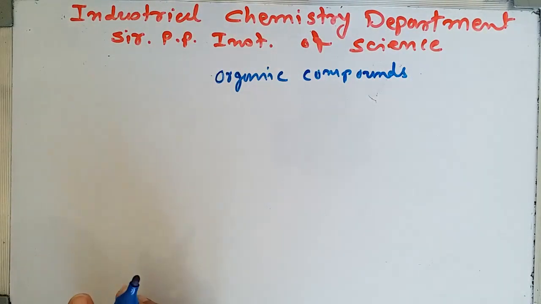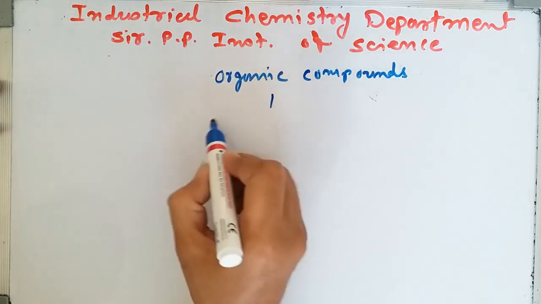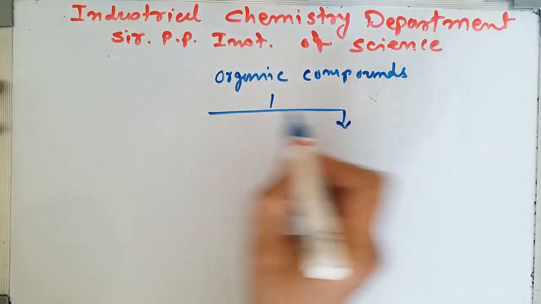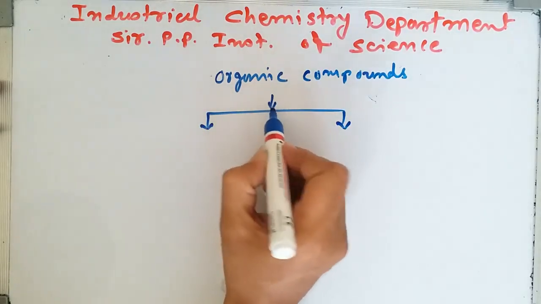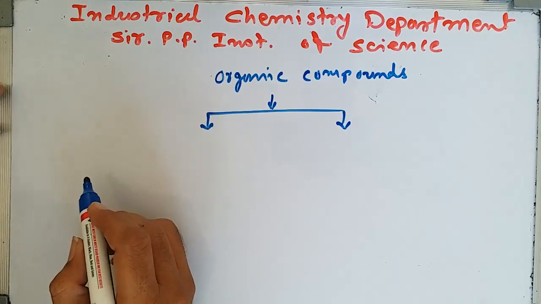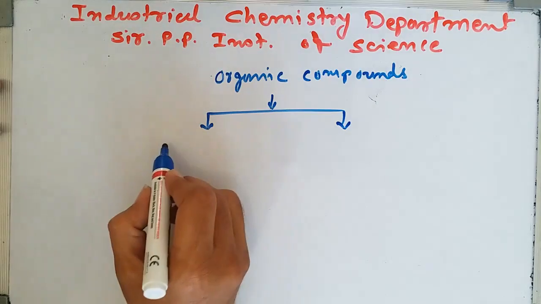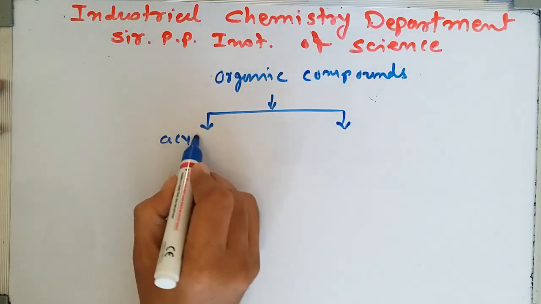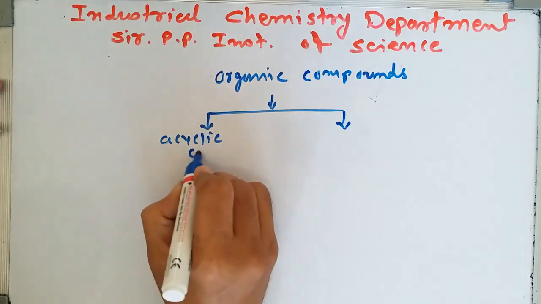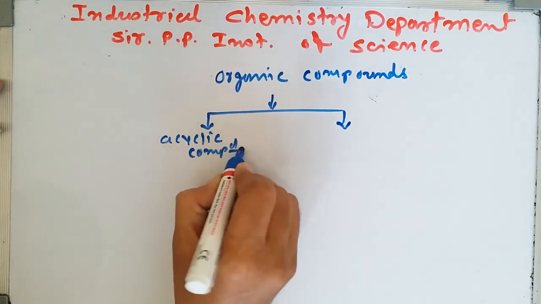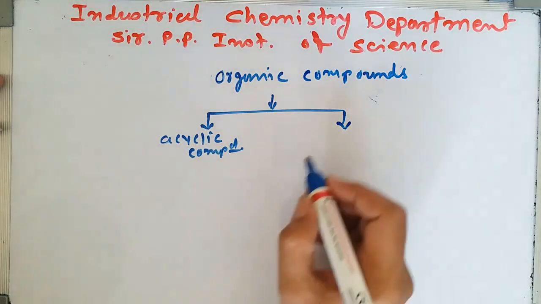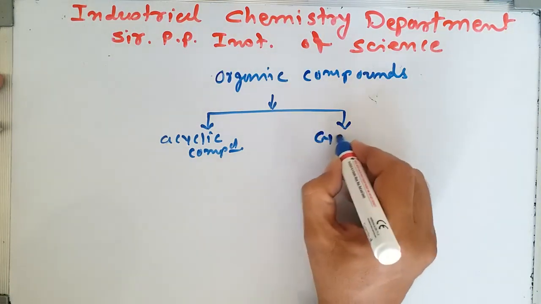Organic compounds are classified into two groups. One is acyclic compound and the second is cyclic compound.